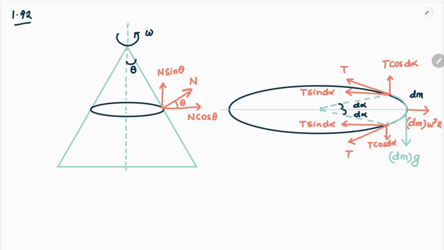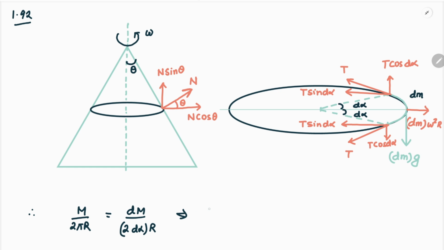Now if we start solving this, the first thing that we do is calculate the value of dm. Over here the chain is of mass m having radius r. So we begin this way: the mass m is spread over the circumference 2 pi r, and this is equal to dm upon the arc length it is subtending, which is 2 d alpha multiplied by r.